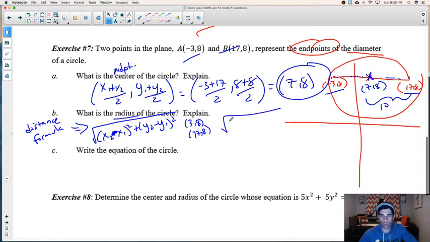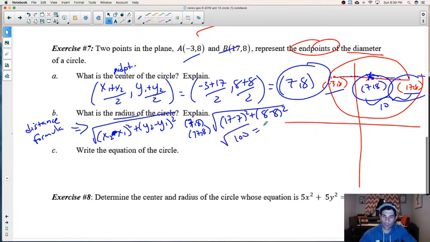I would do 17 minus 7 squared, plus 8 minus 8 squared. Okay, the center is 7, 8, the endpoint is 17, 8. That's going to give you the square root of 100, which is 10.